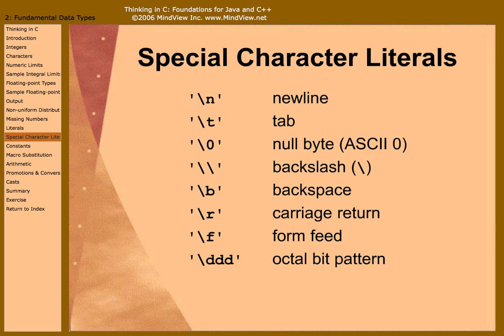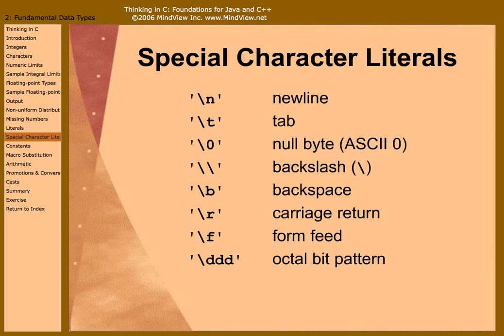If you actually want to have a \ come out, well, you have to have a way to do that. You can't just say \ because, as you can see, \ is special. It introduces an escape sequence. So to get a single \, you just put down 2 of them. Let's see, \b is backspace, \r carriage return, \f is form feed. They're not used all that much, but they're there in case you need them.